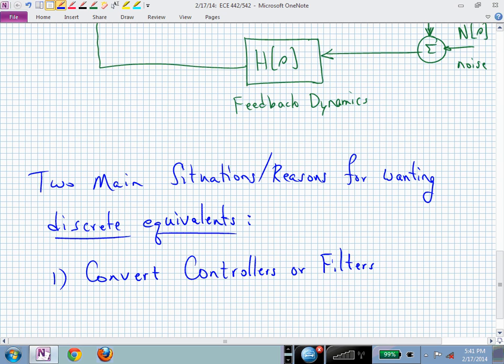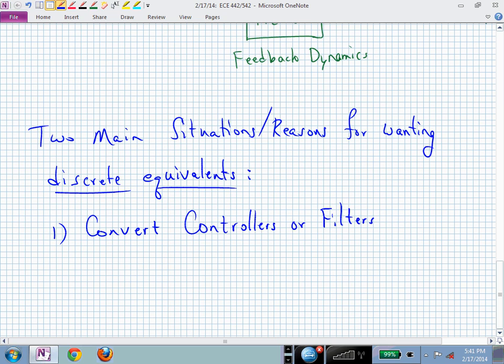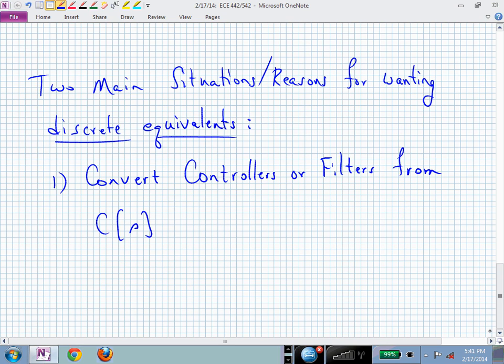So you're wanting to convert controllers or filters, which I will try to be consistent with and say maybe I'll call those capital C of S to C of Z's.